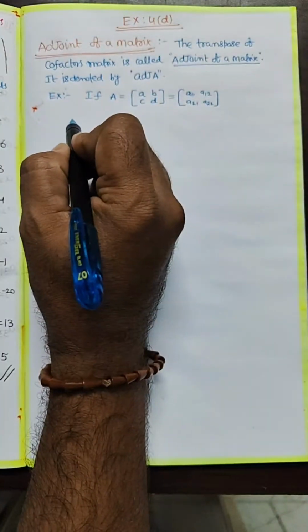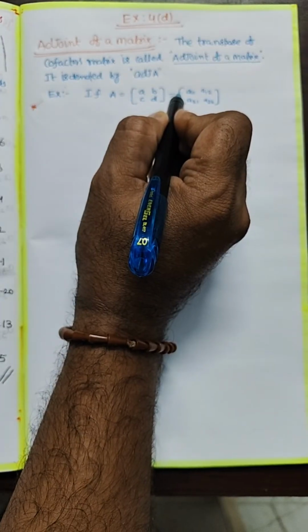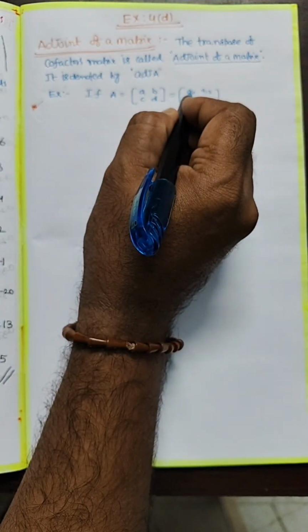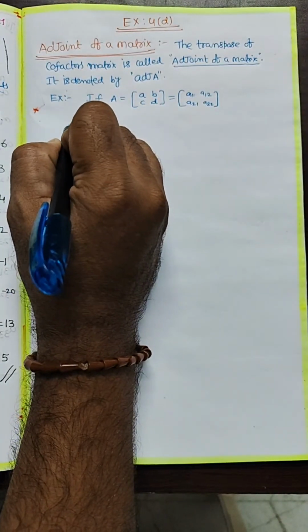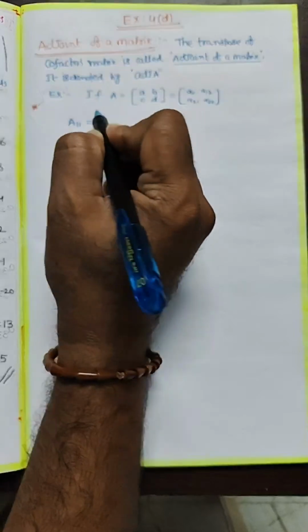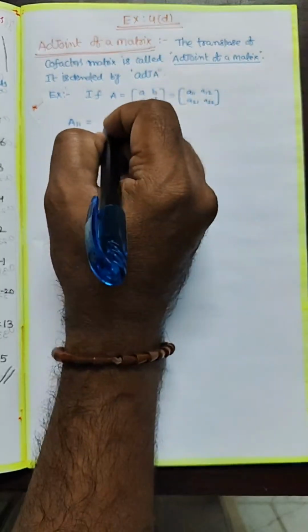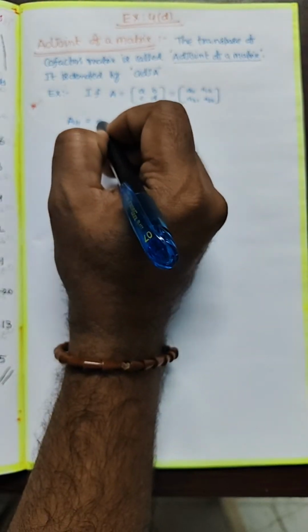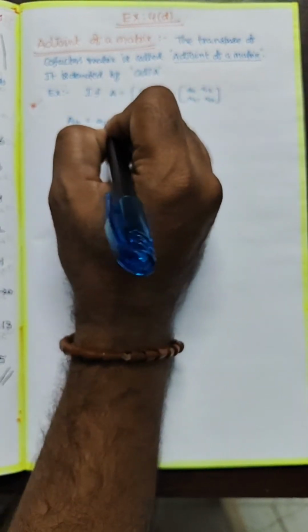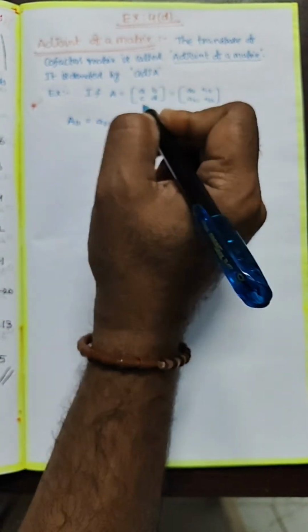So, cofactor of A11: eliminating this row and this column, A22 element, into minus 1 whole power 1 plus 1, it will be a22, dear students.